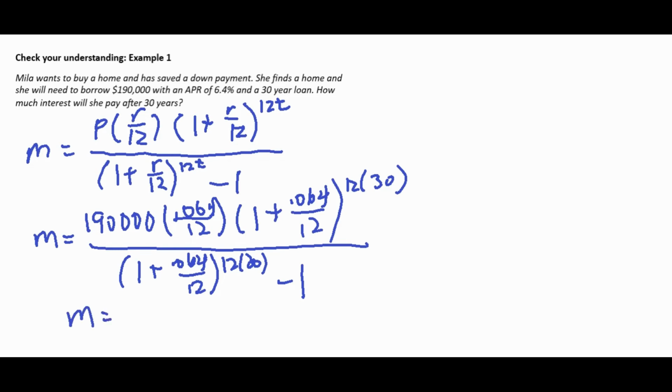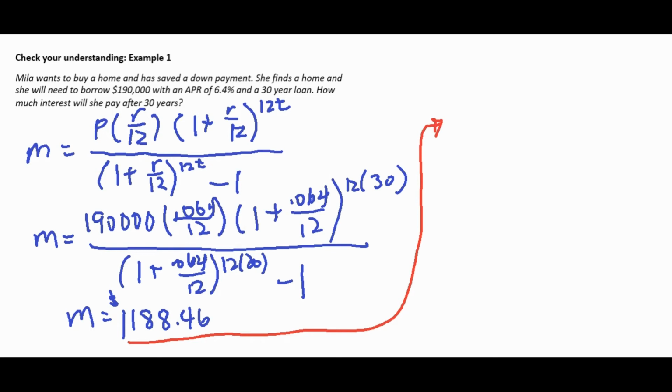Alright, so now you can input that into your calculator, and when you figure out the number, it's going to come out to be $1,188.46.